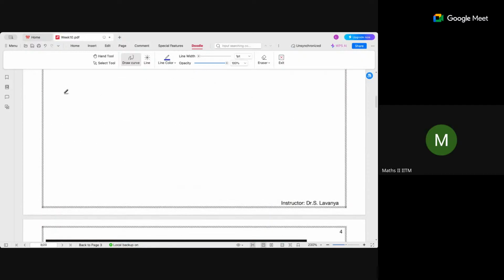Just like we saw in the case of R2, two vectors are said to be orthogonal when the angle between them is 90 degrees. For example, x comma 0 dot 0 comma y, vectors on the x and y axis, you know that their dot product is 0. So we say that these two are orthogonal.